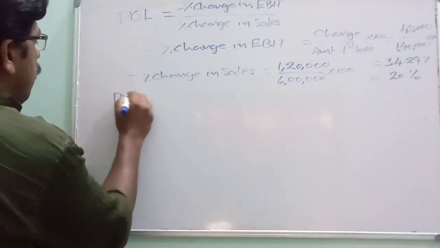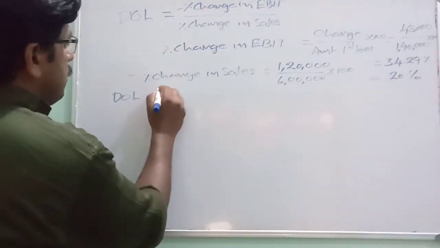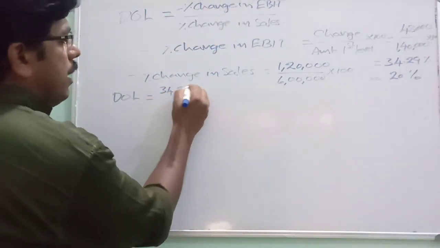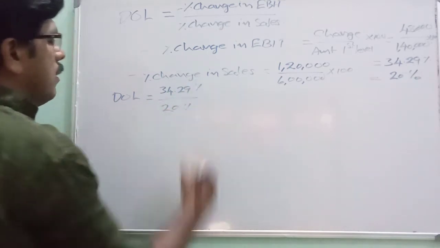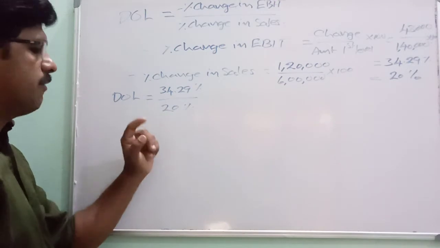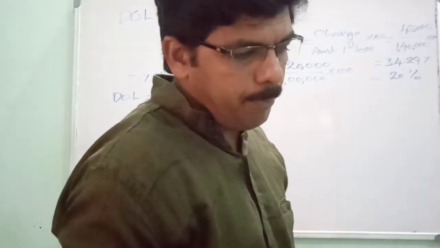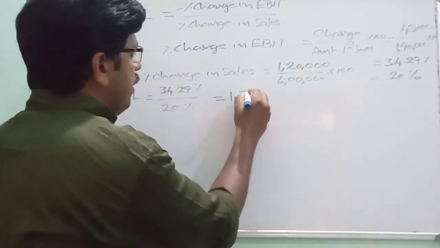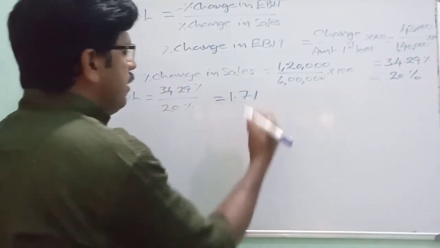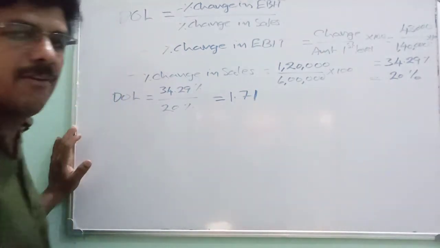Therefore, DOL is percentage change in EBIT, 34.29%, divided by 20%, that is equal to 1.71. Degree of operating leverage is 1.71.